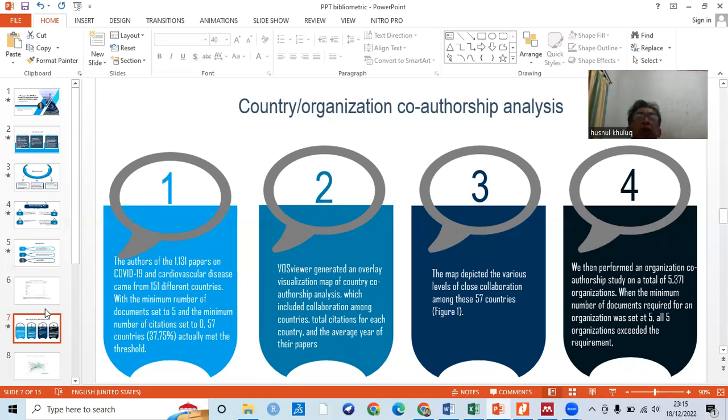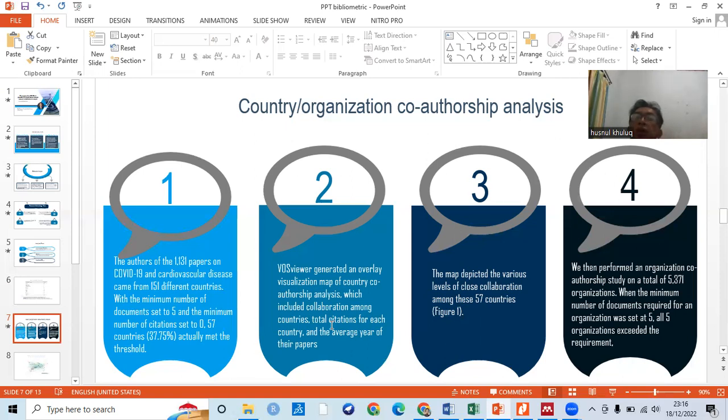VOSviewer generated an overlay visualization map of country co-authors analysis, which included collaboration among countries, total citation for each country, and the average year of the papers. The map depicted the various levels of close collaboration among these 57 countries.